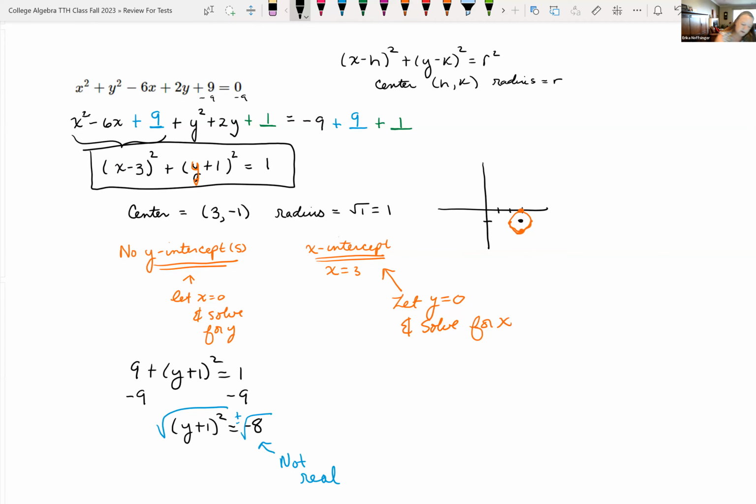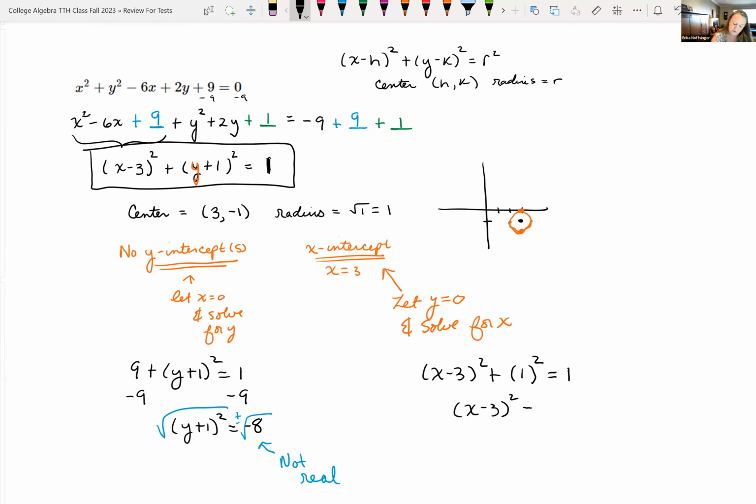And so doing so, we get x minus 3 quantity squared plus 0 plus 1, so that's just 1 quantity squared, equals 1.